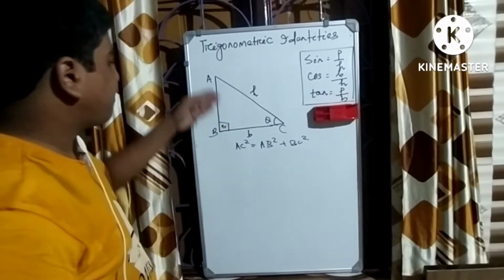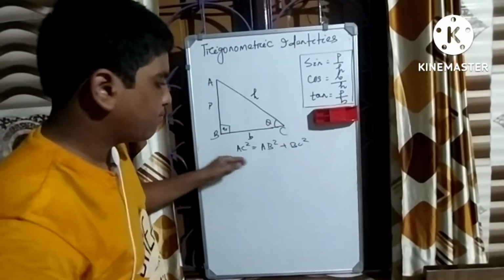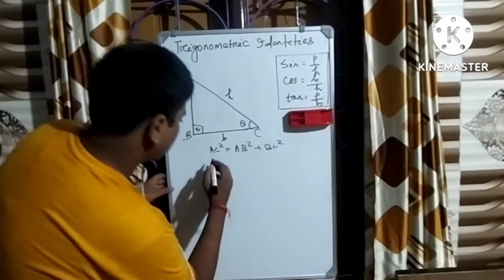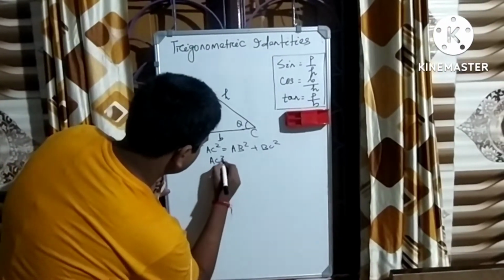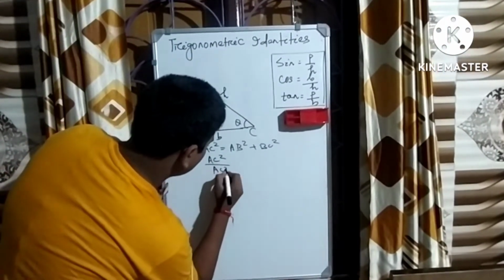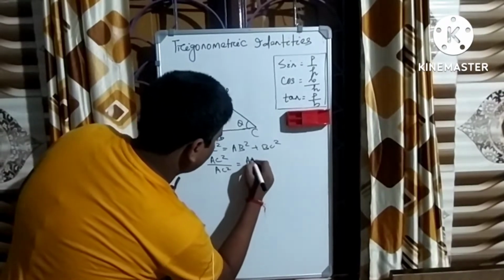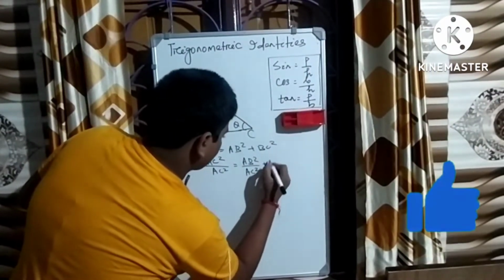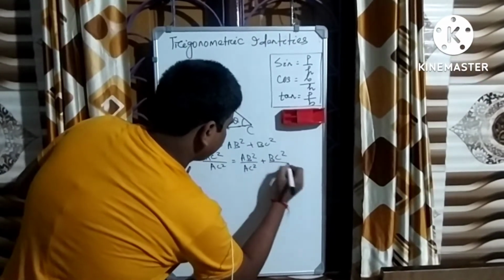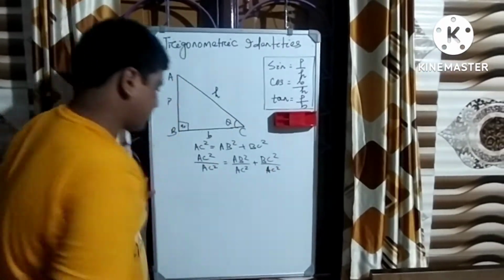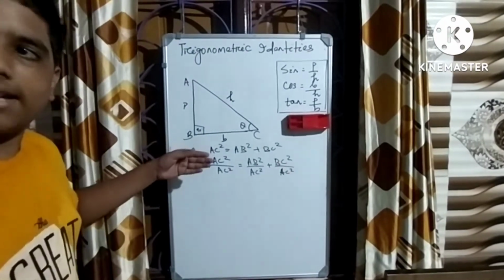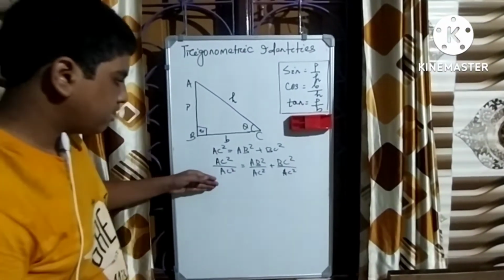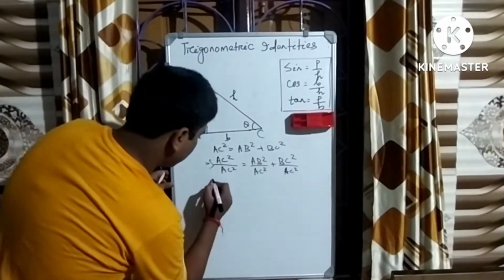Now let us divide by AC square in both these terms, that is AC square by AC square is equal to AB square by AC square plus BC square by AC square, and AC square by AC square is equal to 1.